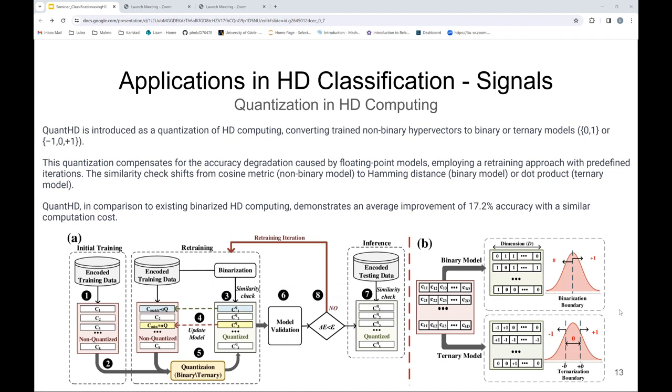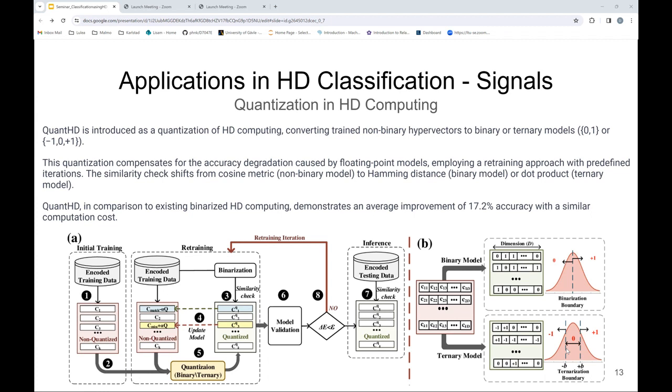Another application is quantization in HD computing. This application converts trained non-binary hypervectors to binary or ternary models, and it compensates for the accuracy degradation caused by floating point models, and it employs a retraining approach with predefined iterations.